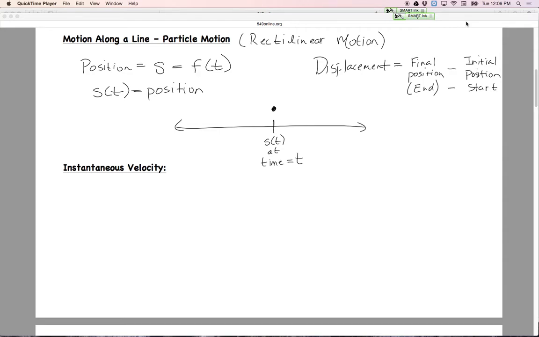I just don't know what the time is right now. That particle could represent any object: a person walking, running, a football player running on the field, where you lose yards, you gain yards. That would be a really relevant example of moving left and right.